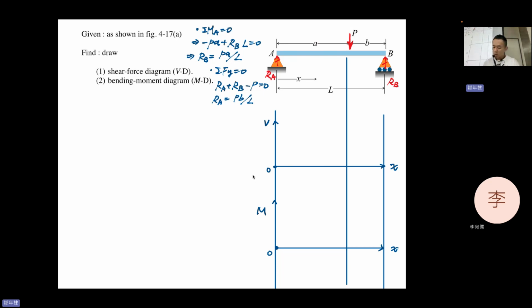Because of the P here, the form of the shear and moment in this section will be the same. But after this P, the other part will have another form. So if you cut here, here, here, they all have a similar form. Basically, all we need to do is cut it.